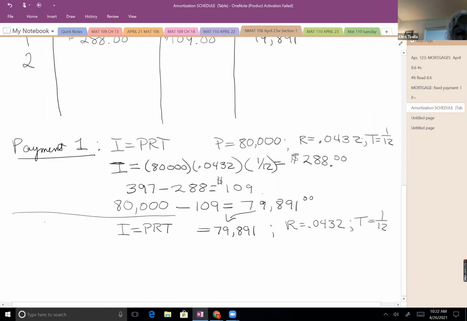Oops, I forgot to add in here that this is the work for payment two. And so when I take this amount times the 0.0432 times the 1/12, this time my interest, and let's write that down so that everybody knows what we did computation wise.